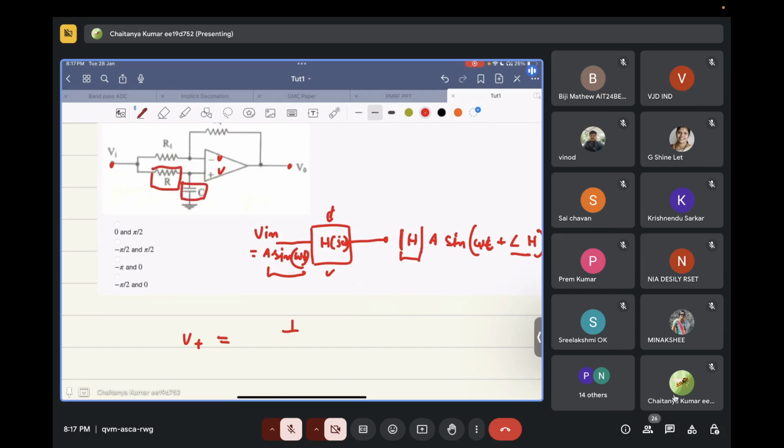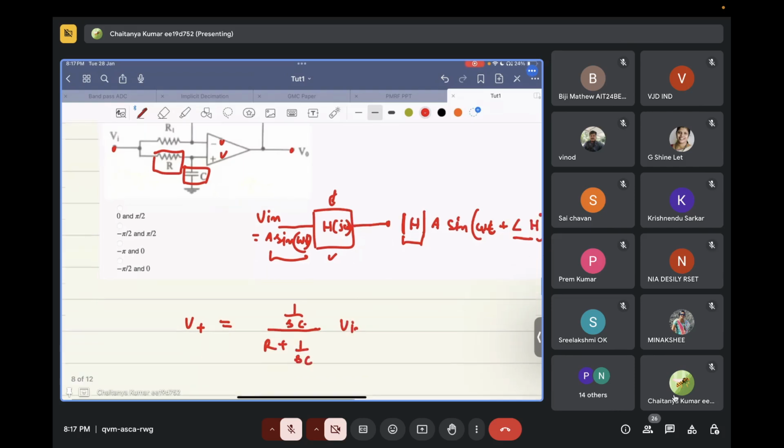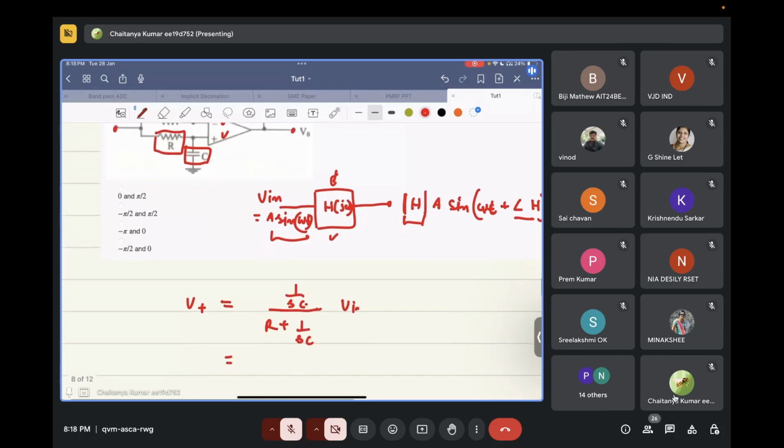So that will be 1 upon SC divided by R plus 1 upon SC times Vi. So this comes out to be 1 upon 1 plus SCR.